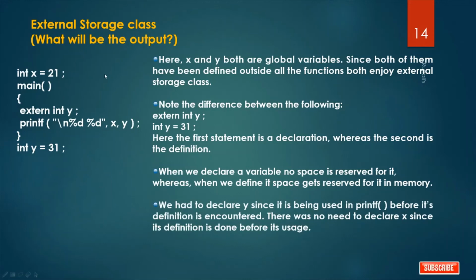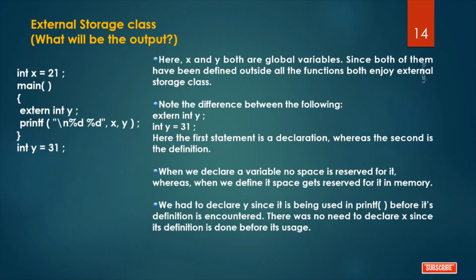We had to declare y, since it is being used in printf before its definition is encountered. So you have to declare y here because we are using it in printf.